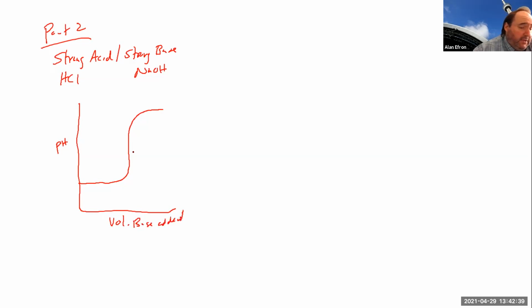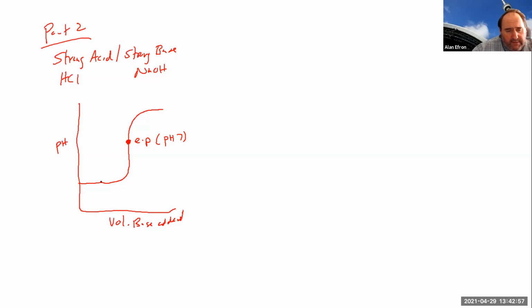And as we talked about a moment ago, we would envision the equivalence point should be near a pH of 7, as it is a strong acid and strong base, and we would have a neutral salt left over at that point.